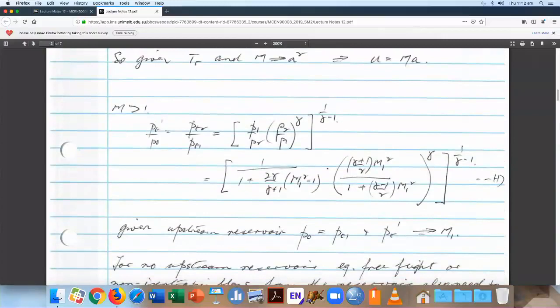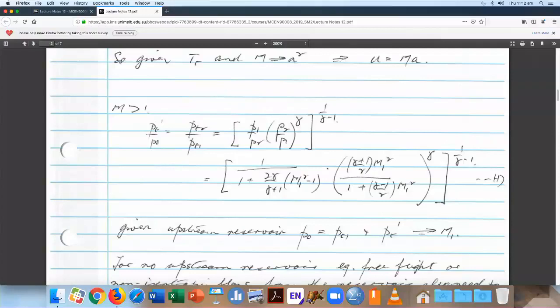So if you were in a wind tunnel and you knew the upstream reservoir pressure, then that would be PT1. And if I measure PT prime, which is PT2 in region 2, then I have an expression here. I could find Mach number 1.